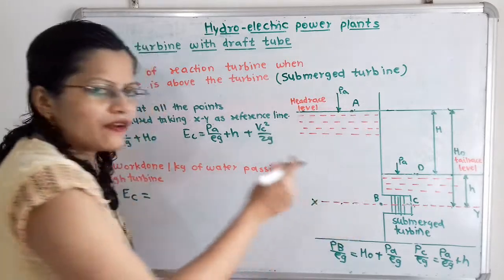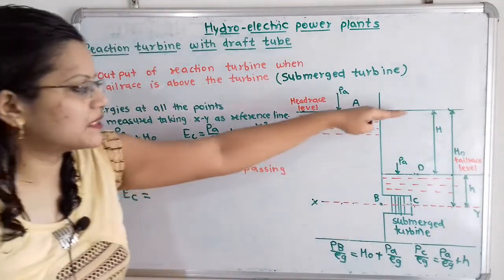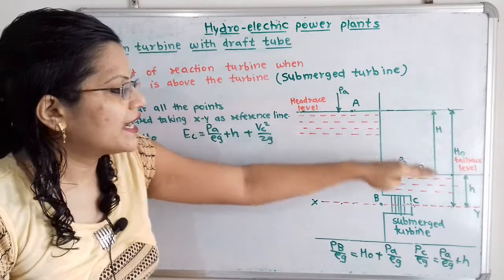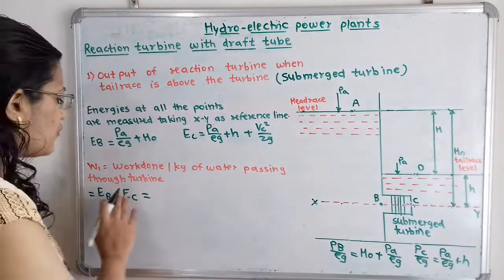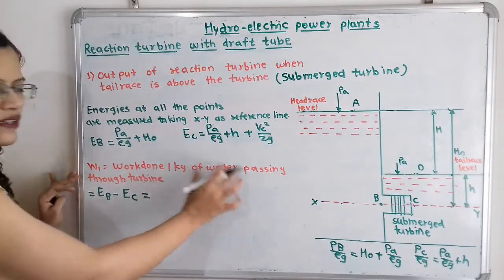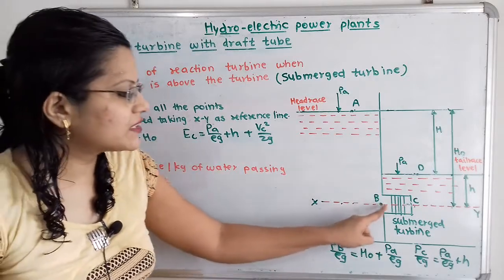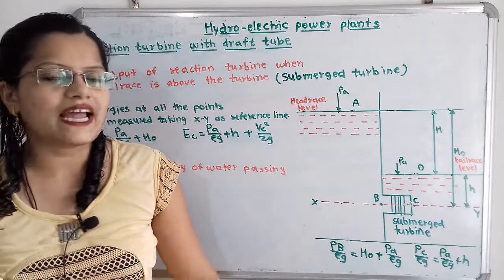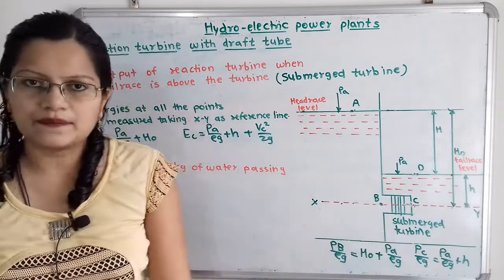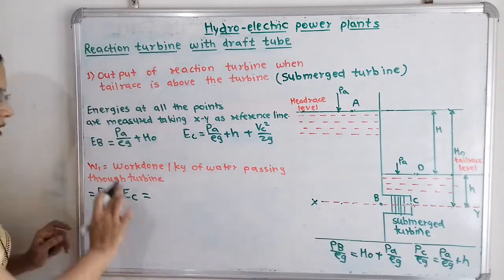And why did this happen? Because of this level difference between head race and tail race. Now how to find out the work done per kilogram of water? For that we have to take the difference between the energies at point B and at point C. So we will write here EB minus EC.